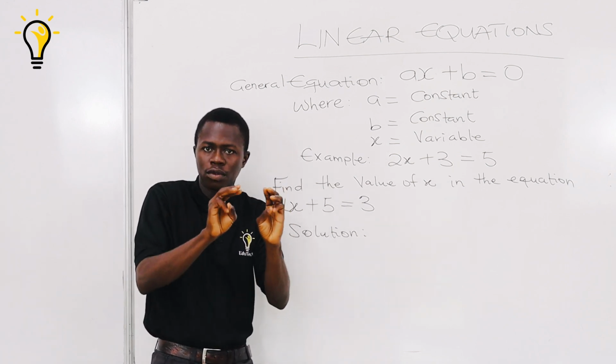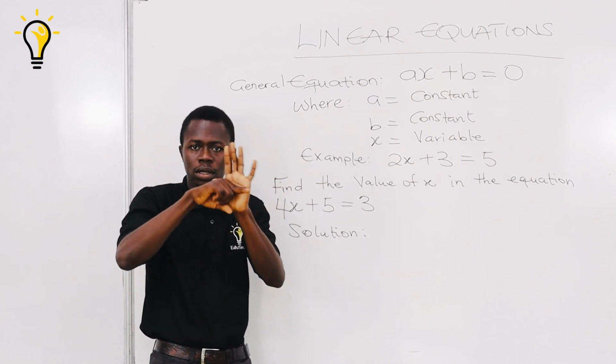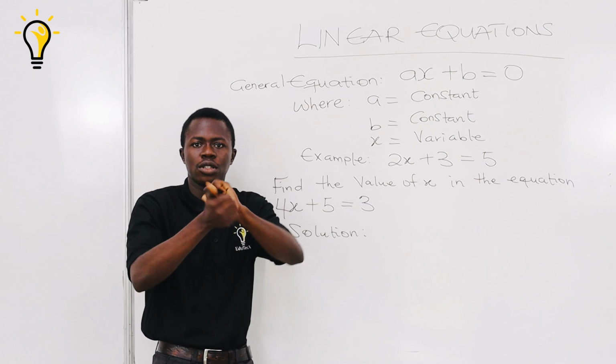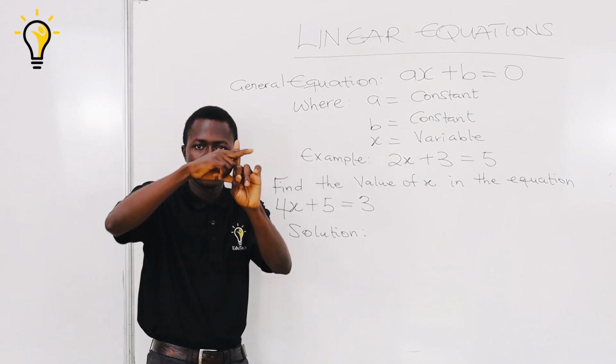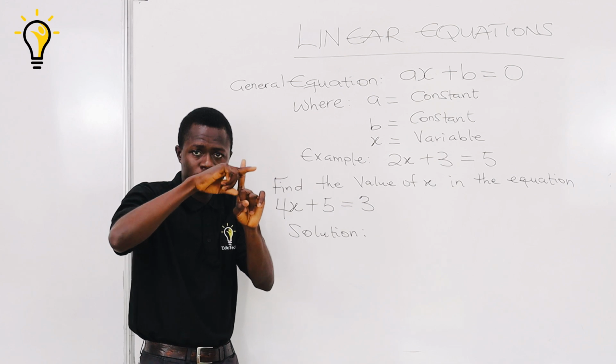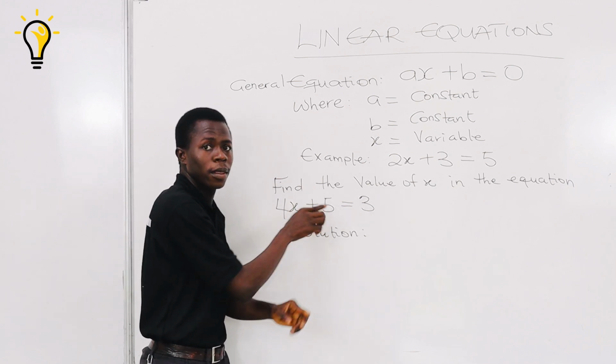And if the number is negative and it crosses the equal to sign to the other side, it becomes positive. So, for instance, we have positive 5 here.